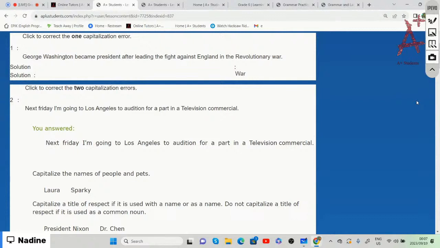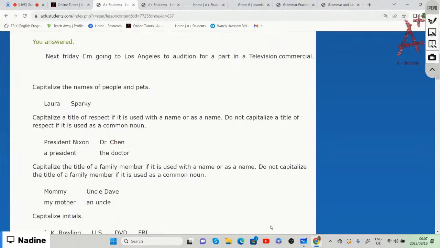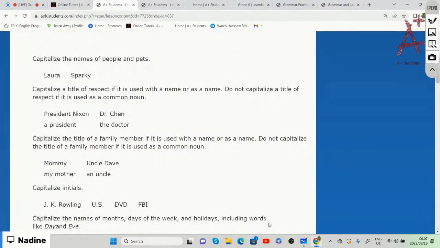With capitalization, there are quite a few things that need capitalizing, starting with our names. We need to capitalize names of people as well as names of pets. We even start with your own name. Your name, your second name, your third name, as well as your surname need to be capitalized.